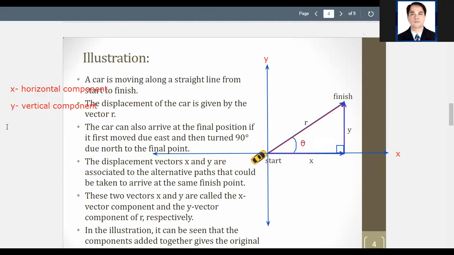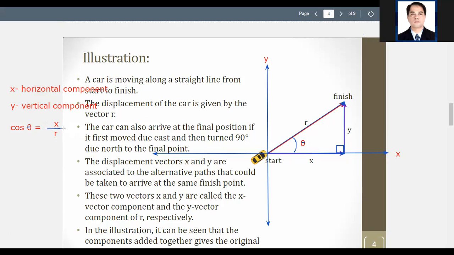With regards to some angle theta, we can relate y and x using the cosine and sine functions. Cosine of theta, we can write as a function of the adjacent over the hypotenuse.